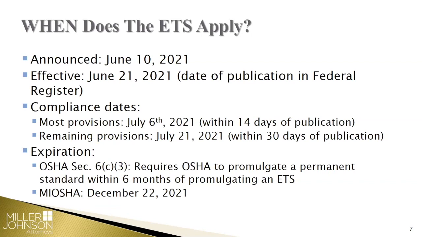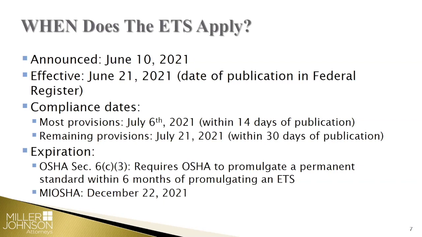And as we go through the requirements in the ETS, we are going to be pointing out to you which provisions those are. I'm getting this question a lot. When does this thing expire? Okay, so OSHA can promulgate this thing for a total of 6 months. At that point, they have to decide whether they are going to promulgate a permanent standard.